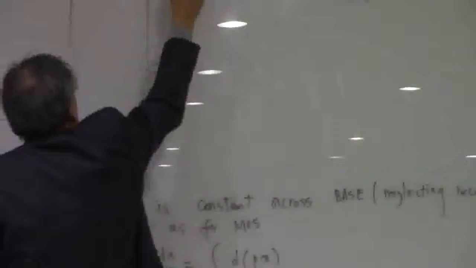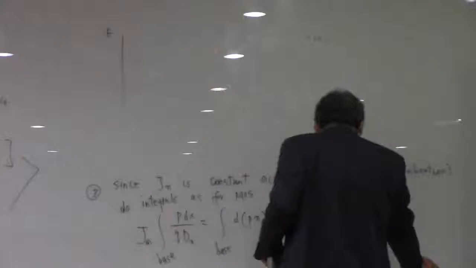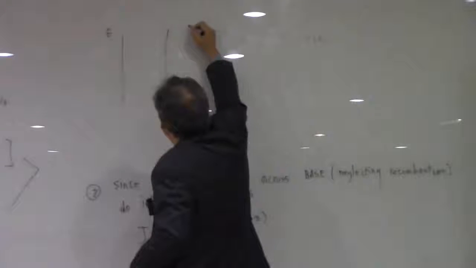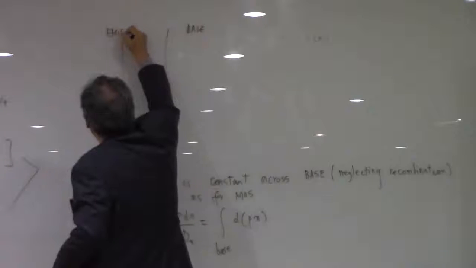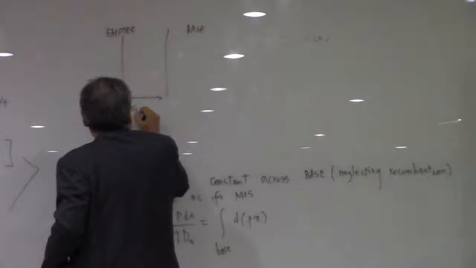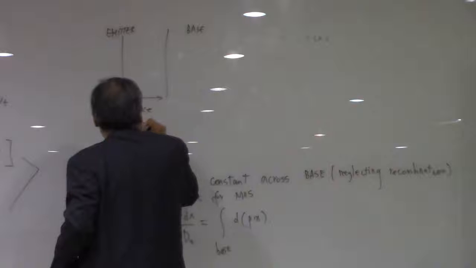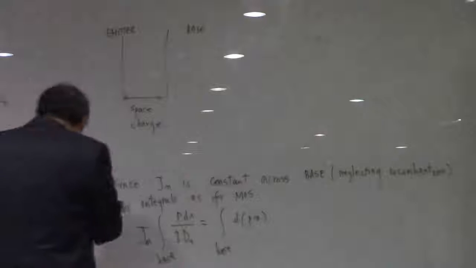Emitter, base, and collector. And then, well, we have to think about emitter and base only, right? Here, the base, emitter. And this is the space charge region, okay, between emitter and the base.